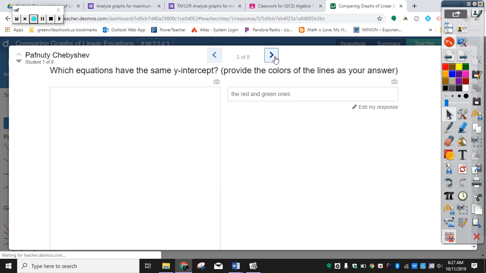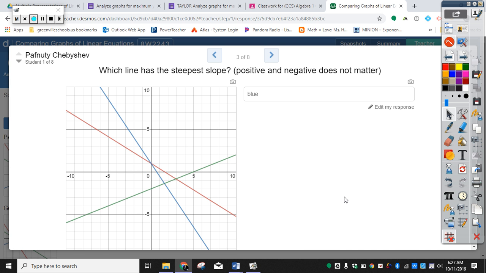And then the next question said, which has the steepest slope? And keep in mind that positive and negative does not matter. So in other words, this red and blue line, they're both negative sloped lines. If you move from left to right, they are decreasing. And this green one has a positive slope. It is increasing left to right.